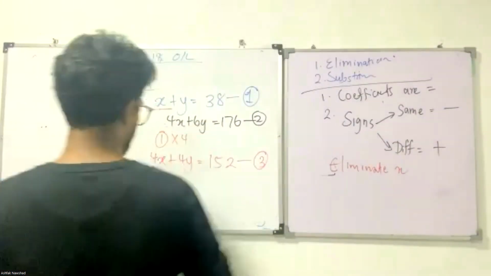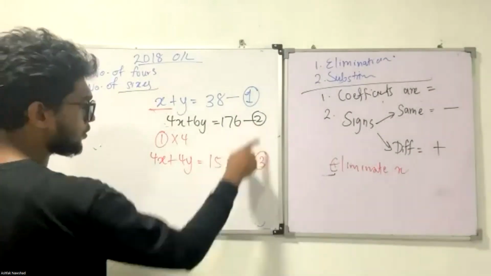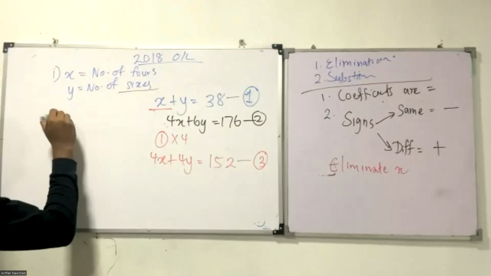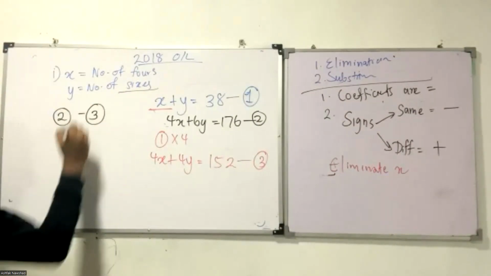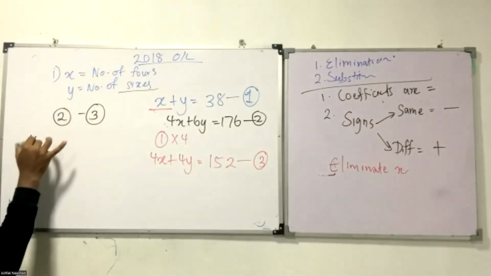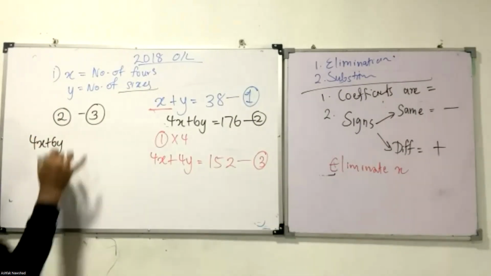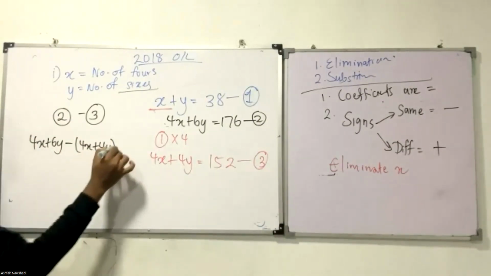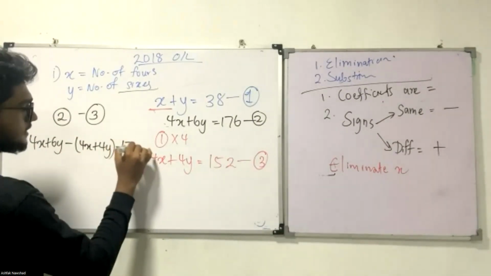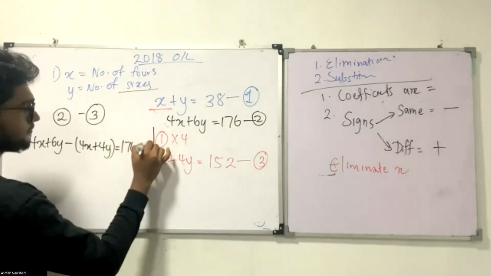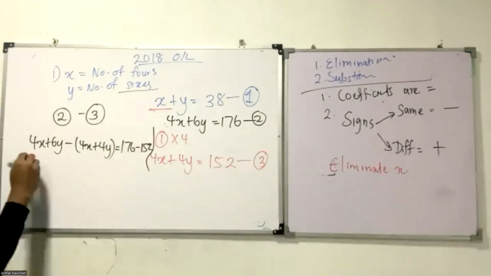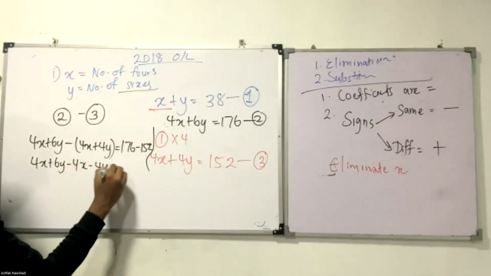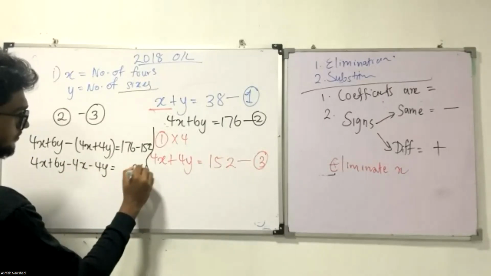I'll do 2 from 3, the bigger number minus the smaller number. 4x plus 6y minus (4x plus 4y). Don't forget the bracket. 176 minus 152. See, 4x plus 6y minus 4x minus 4y, that's 24.